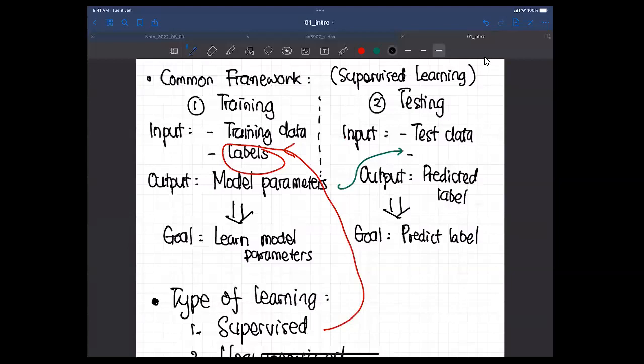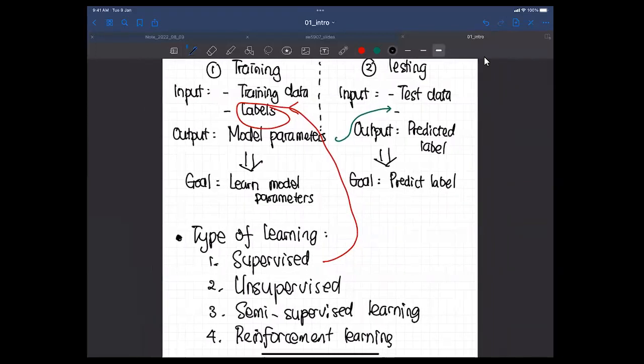So that's why it's called a passive learning system. But reinforcement learning is an active learning system. It will learn from the feedback from the environment and use the feedback to learn further. So reinforcement learning is a bit more complex. And again, we will not discuss it in this course. In the deep learning course, we will learn reinforcement learning.